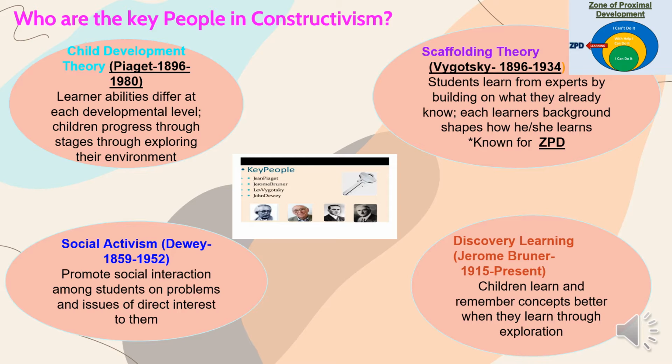John Dewey is a social activist who promotes social interaction among students on problems and issues of direct interest to them. While Jerome Bruner is known for discovery learning: children learn and remember concepts better when they learn through exploration. I would go into a deeper context with Piaget and Vygotsky.